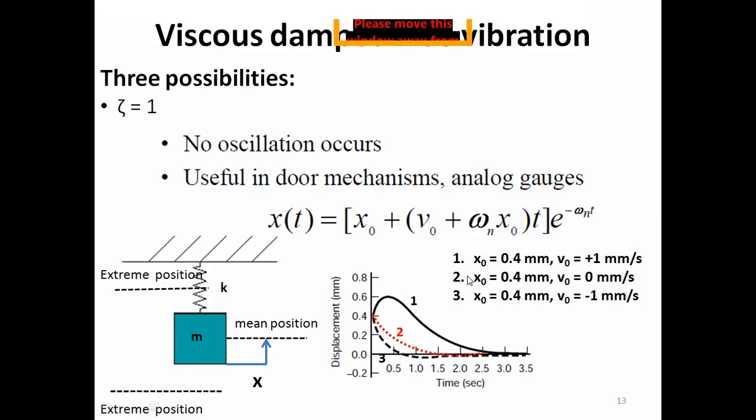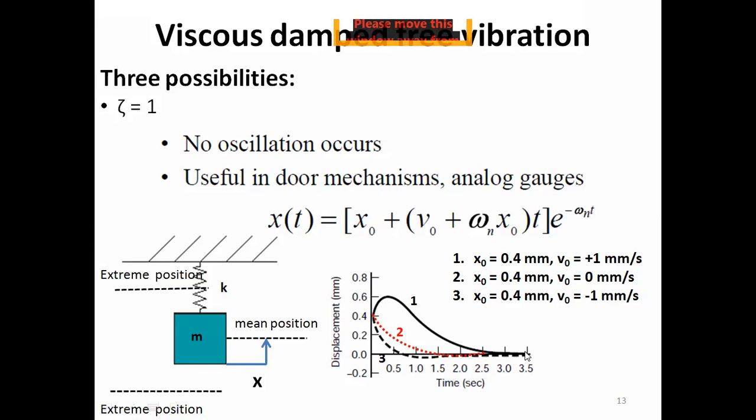What is the difference between the response in cases 2 and 3? In the second case the system starts accelerating from 0 velocity, and in the third case the system starts with a velocity of 1 meter per second.